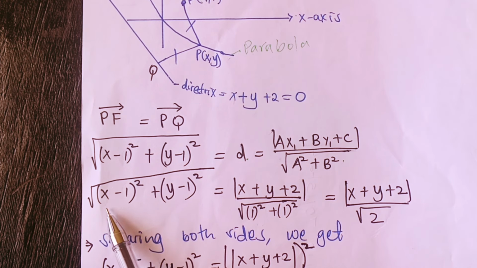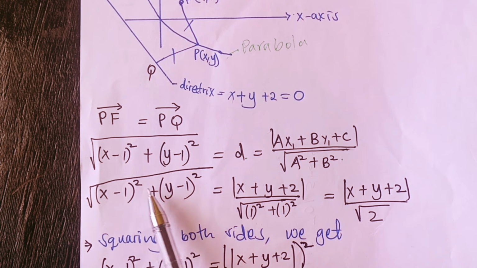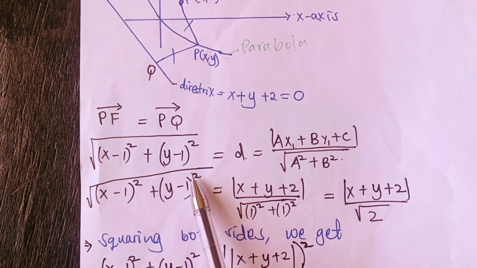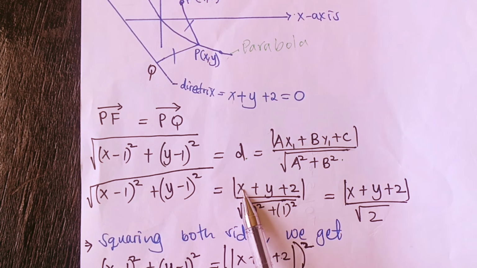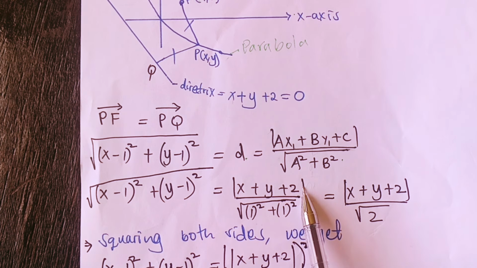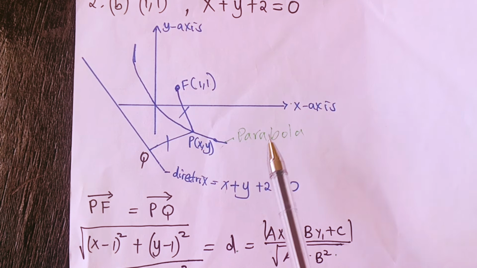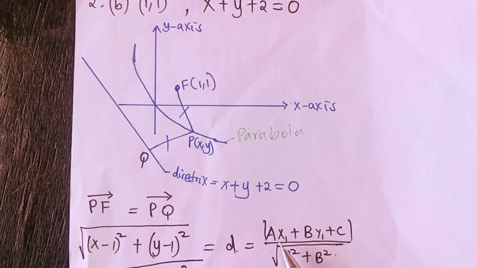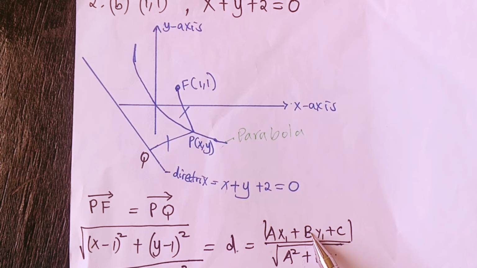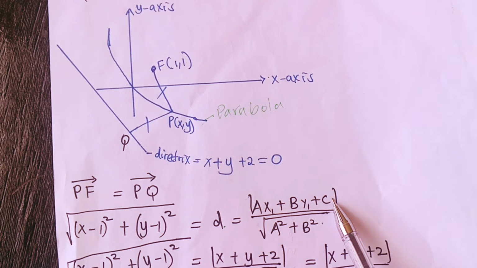So here it's going to be the square root of (x minus 1) squared plus (y minus 1) squared, which is equal to x plus y plus 2, because our a here is 1 and our b is 1. So 1 multiplied by x is going to give you x, 1 multiplied by y is going to give you y, and c is going to be 2.